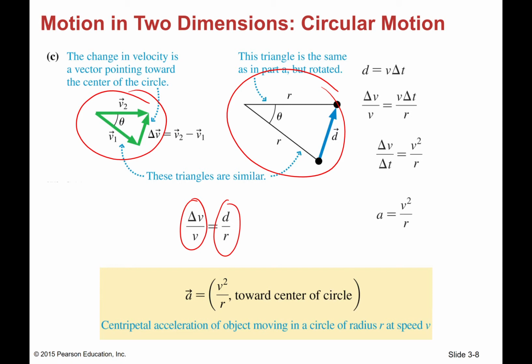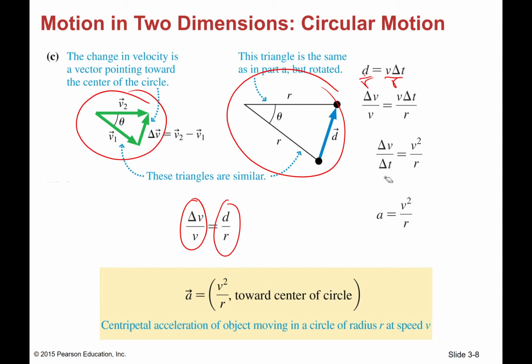So let's look at this simple math here. D is equal to the velocity times delta T. I can divide this by R, so D over R is delta V over V. So I get delta V over V is equal to V delta T over R. Now I'm going to take the delta t and put it here, and this v I'm going to put over here.